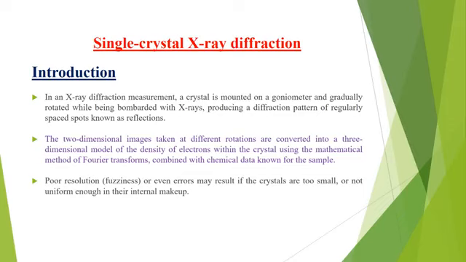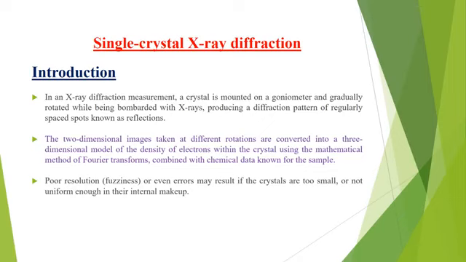First of all, the two-dimensional images are taken at different rotations, and then these two-dimensional images are converted into a three-dimensional model of density of electrons, and this is done with the help of the mathematical method of Fourier transform, which is also combined with the chemical data known for that sample.